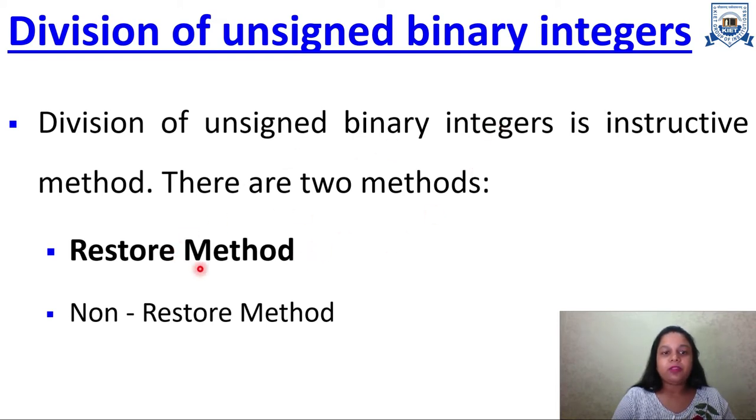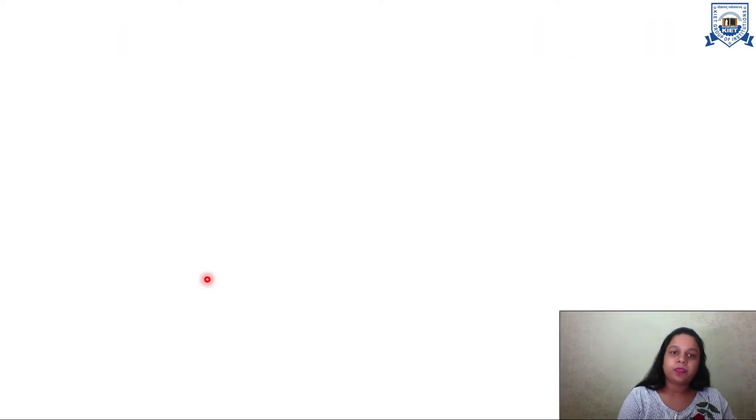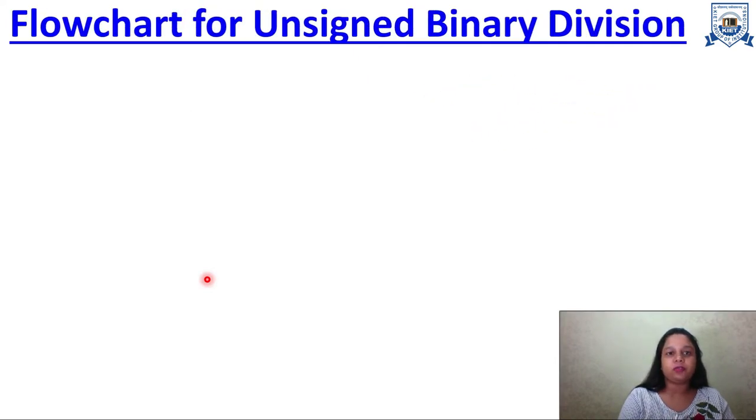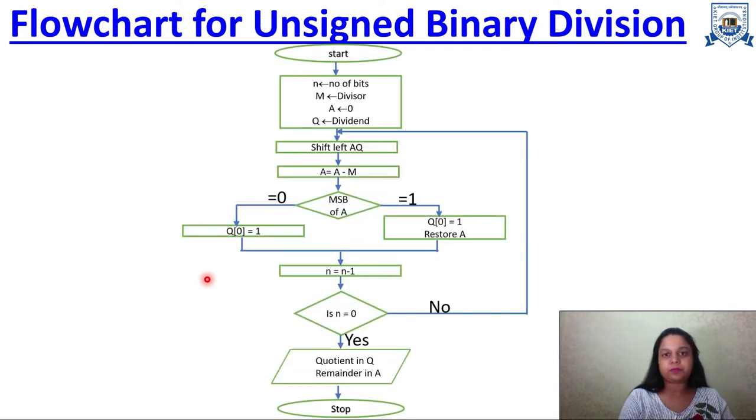These are the two methods which we will learn to divide any unsigned binary integers. In the restoring method, we will be using a flowchart. It means there will be some instructions that we need to follow, and by using these instructions we will solve any division. So let's first learn the restoring method with the help of the flowchart. Let's see the flowchart for unsigned binary division.